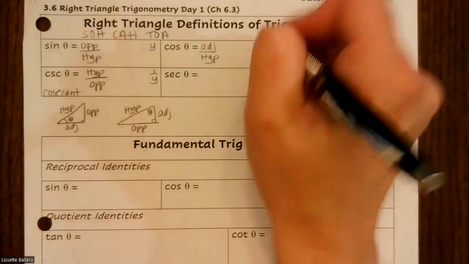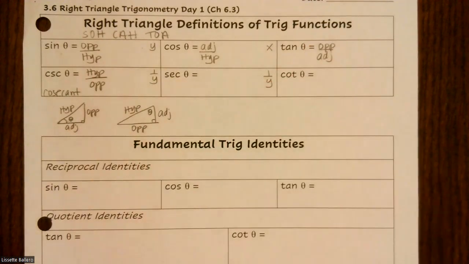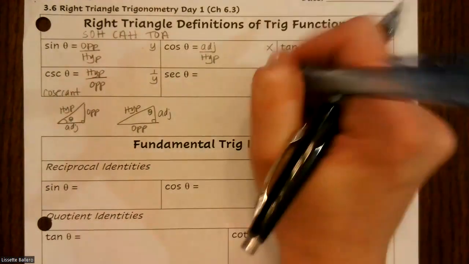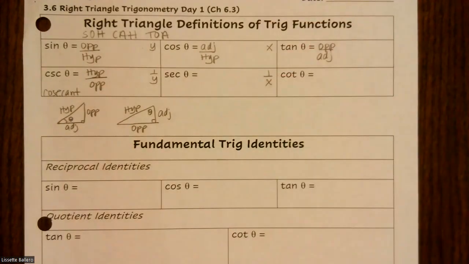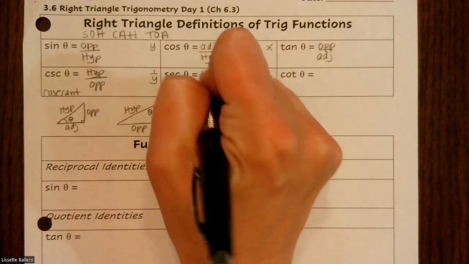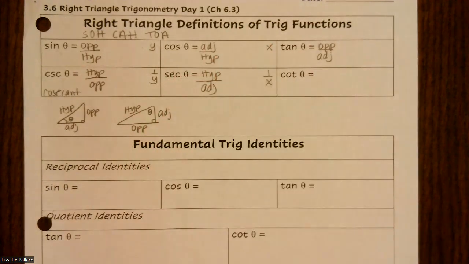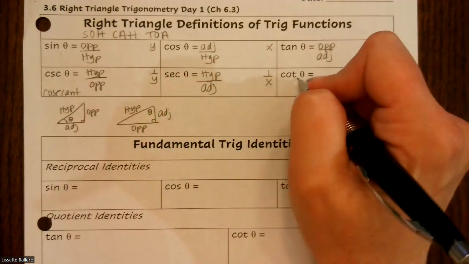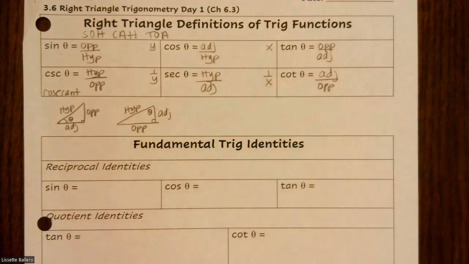So this one in the unit circle was x, and so its reciprocal would be 1 over, sorry, I wrote y, that should be an x there. So our secant then is the hypotenuse over the adjacent. And then our cotangent would be the adjacent over the opposite. So these are reciprocal functions. You're going to flip them.